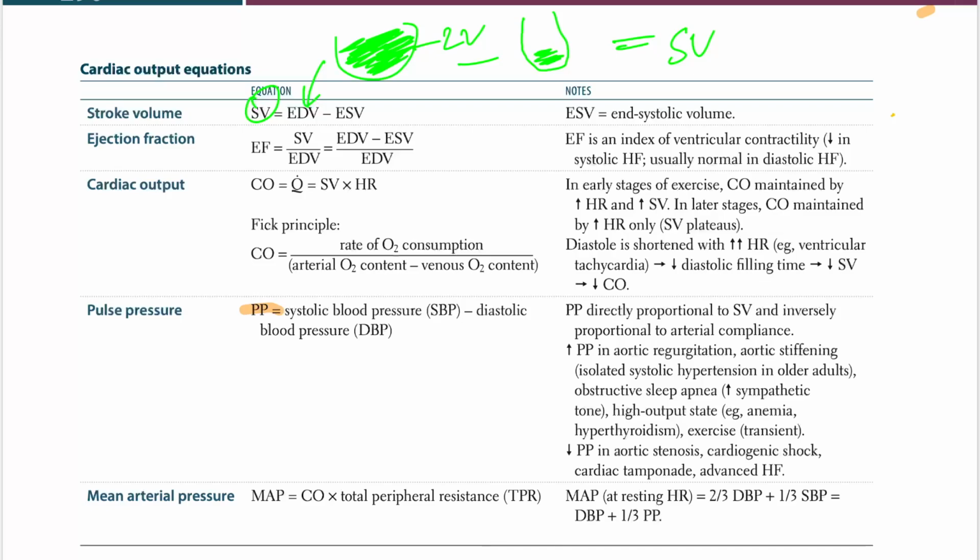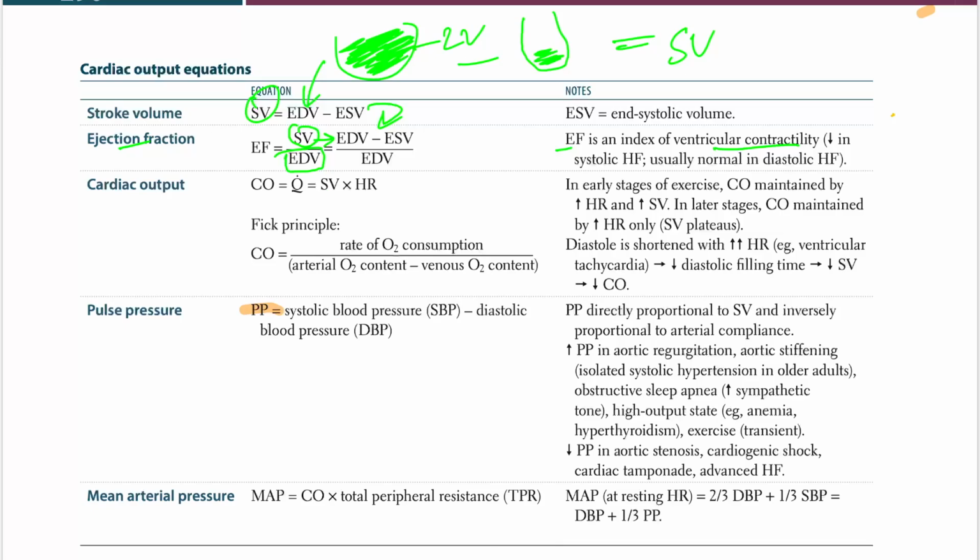Okay, so ejection fraction, EF, equals, again, the stroke volume divided by end diastolic volume. And stroke volume is EDV minus ESV, divided by EDV. EF is an index of ventricular contractility.